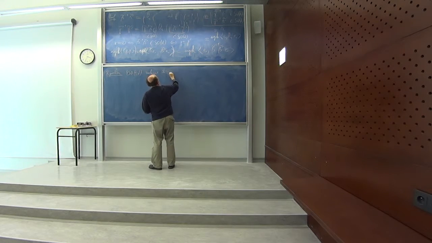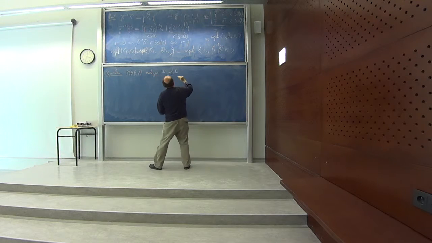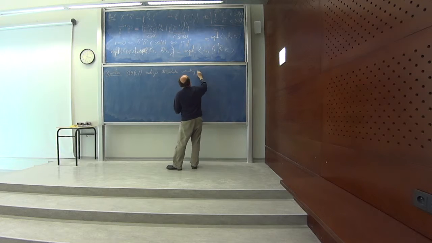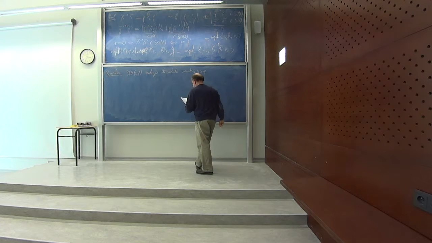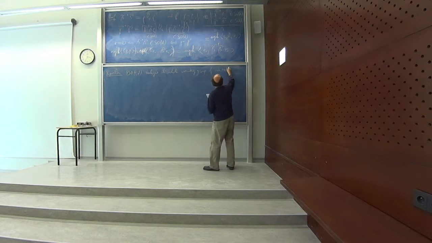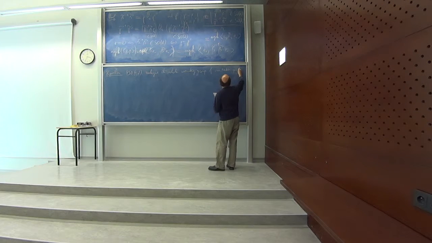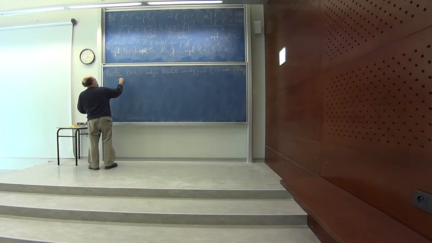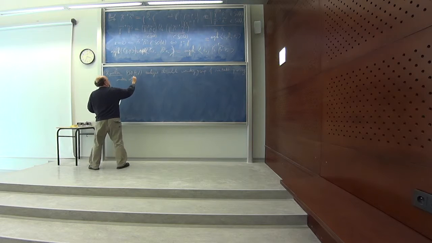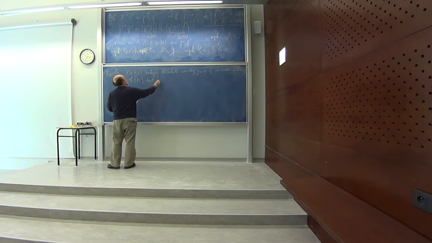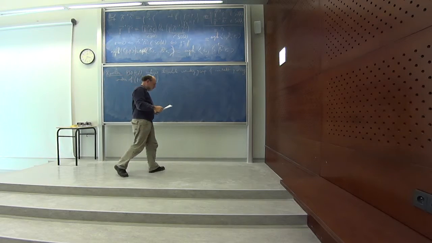So we get in this way the whole isometry group of orientation preserving isometries of HD with this distance.